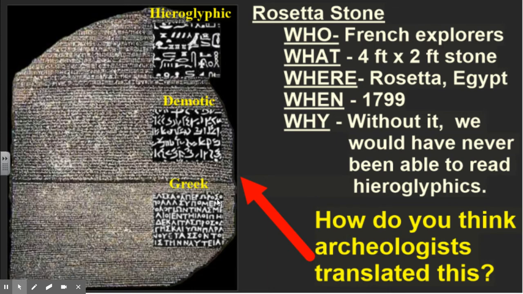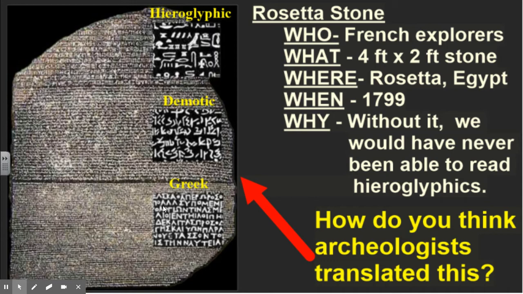Now, how do you think archaeologists translated it? I could let you guys think about this, but I feel like at some point somebody's going to come up with it really quick, and others are just going to stare at it and go, well, I don't know. So we might as well just look at it. Based on the lines on here and the zoomed in area, you can notice there are three sections to this particular stone.